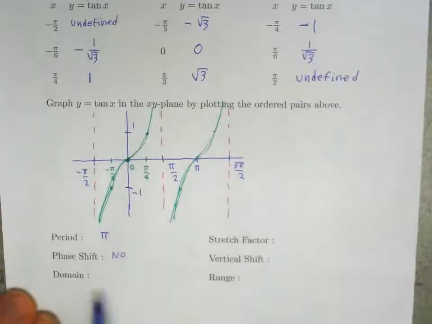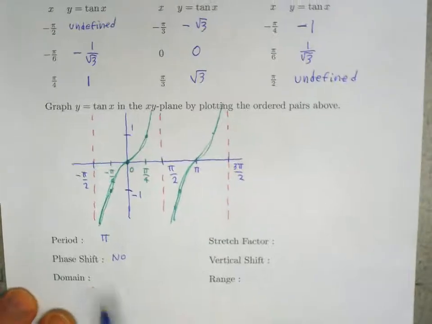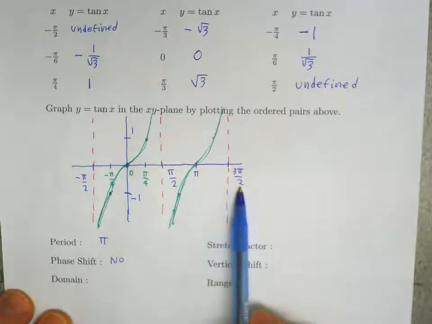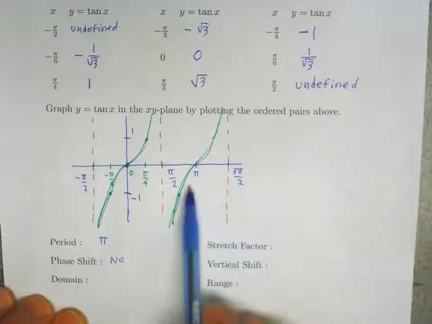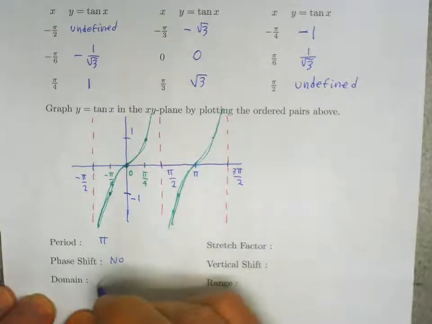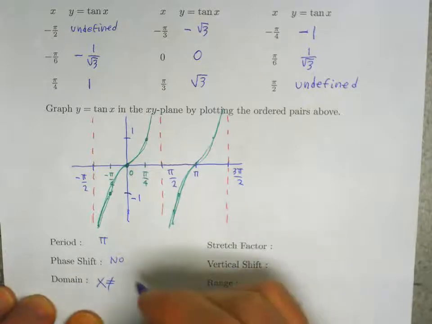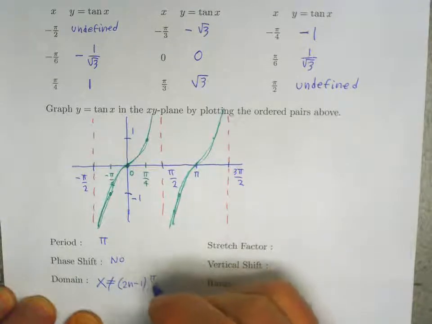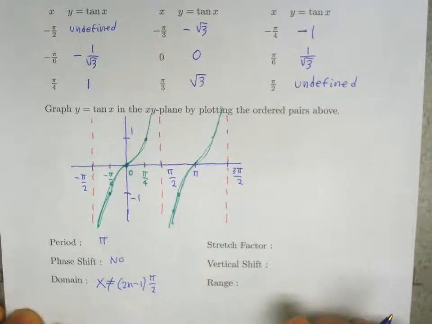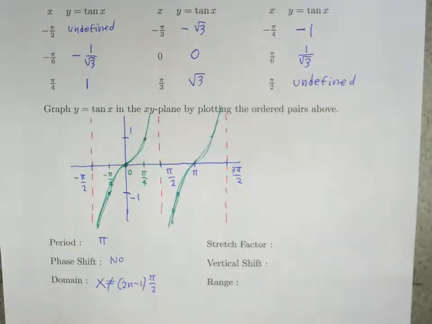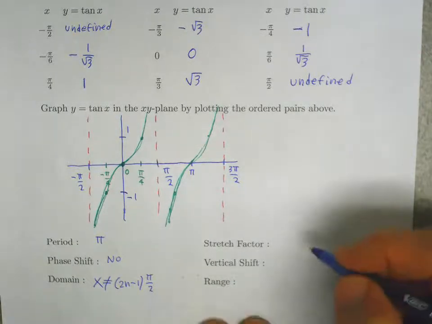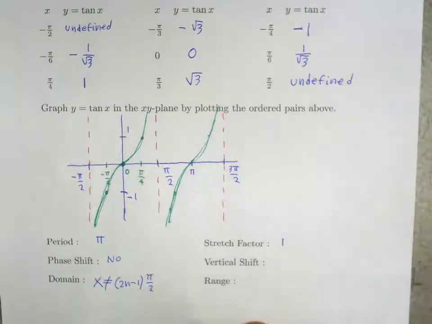But anyway, the domain is all real numbers except when x is an odd multiple of π/2. So I'll just say that x does not equal 2n minus 1 times π/2. The stretch factor is 1 because it's y equals 1 times tangent of x.